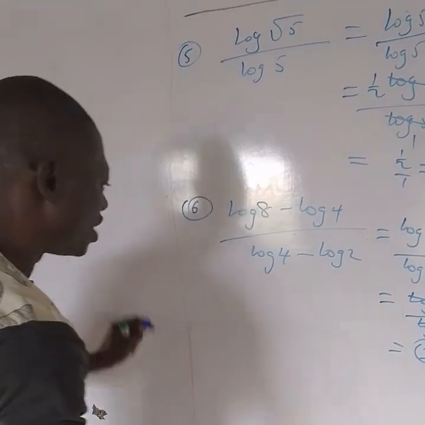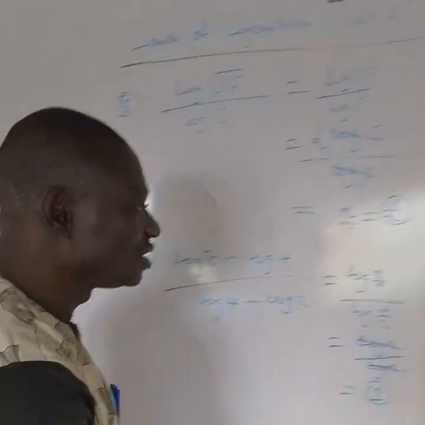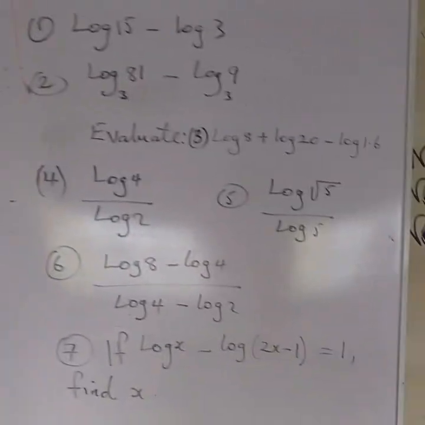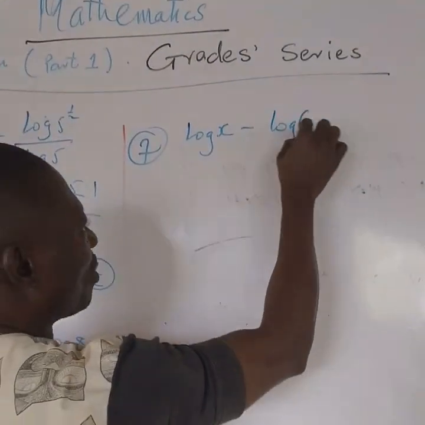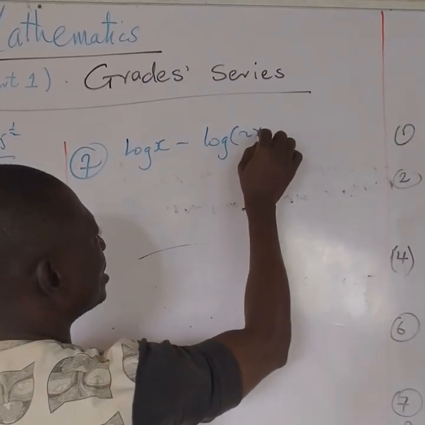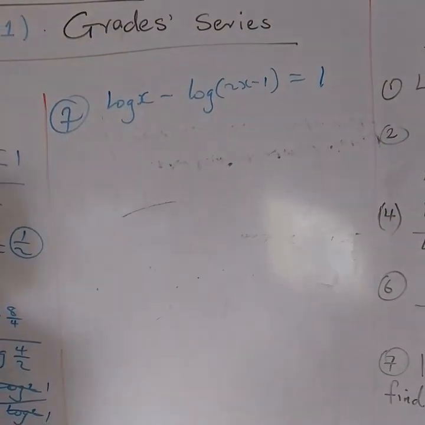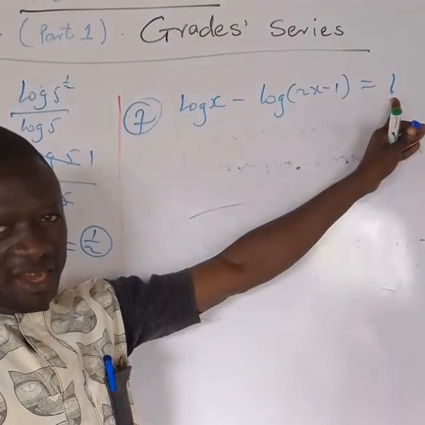In equation of logarithm, they want us to find a value of x that will make this equation true. That means we have log x minus log of 2x minus 1 being equal to 1. Alright, do you remember that 1 is something as log 10 in base 10?